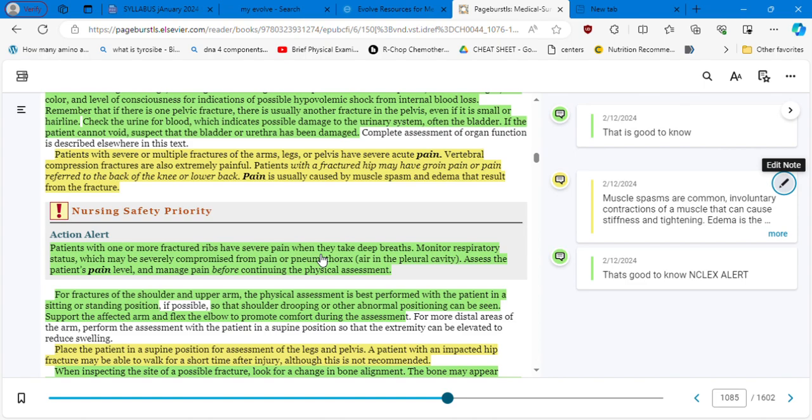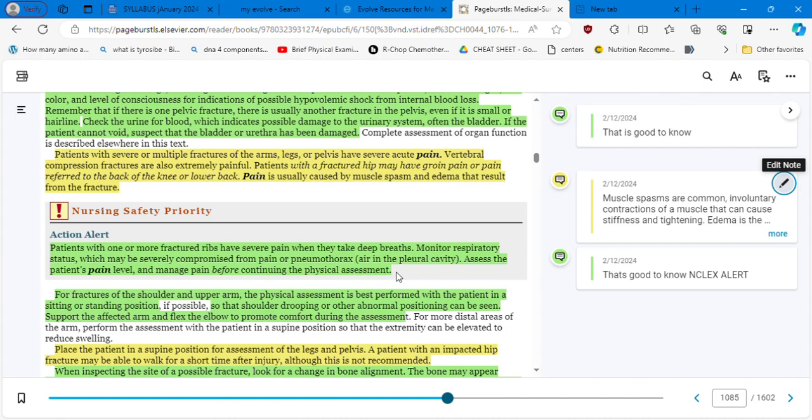So when the ribs are fractured, the patient is going to have severe pain when they take a deep breath. Okay, monitor respiratory status, which may be severely compromised from pain or pneumothorax, that's air in the pleural cavity. Assess the patient's pain level and manage pain before continuing the physical assessment.